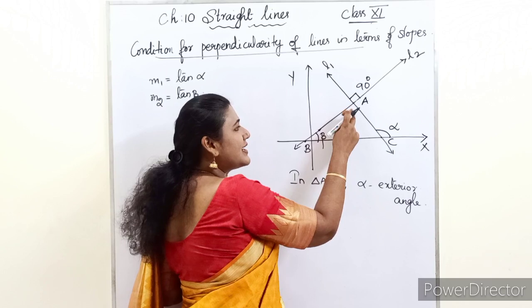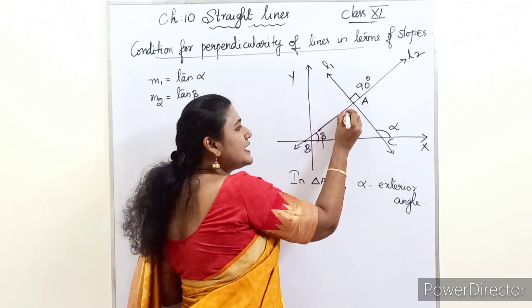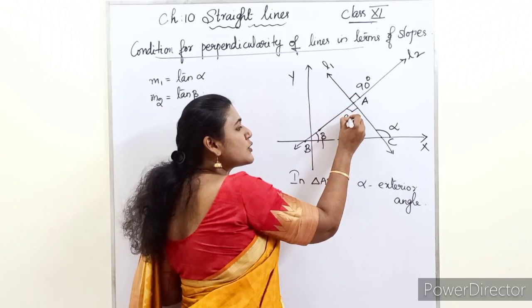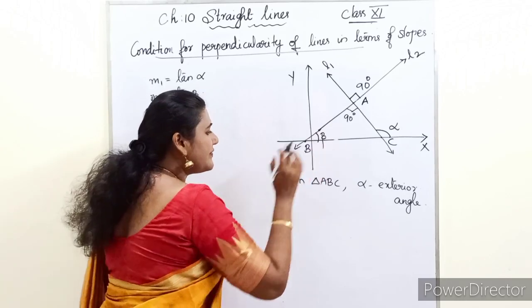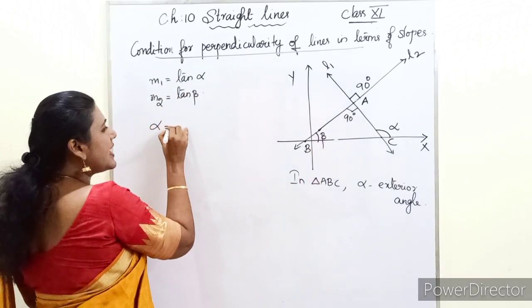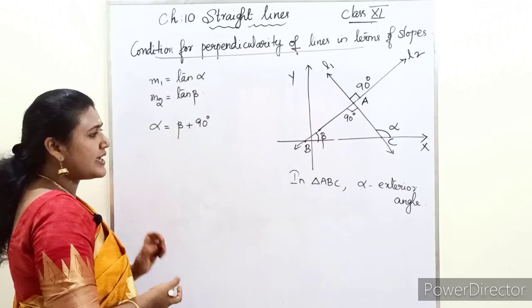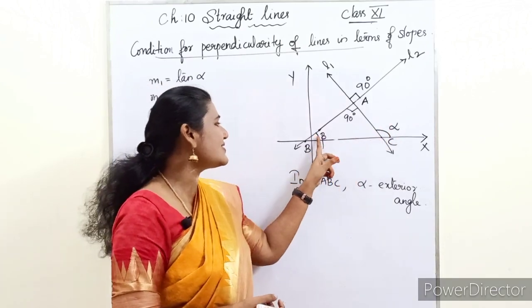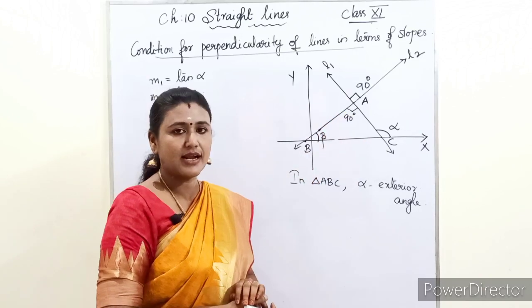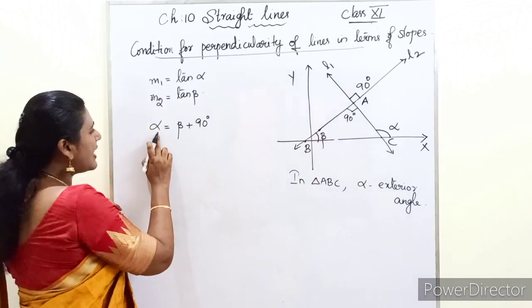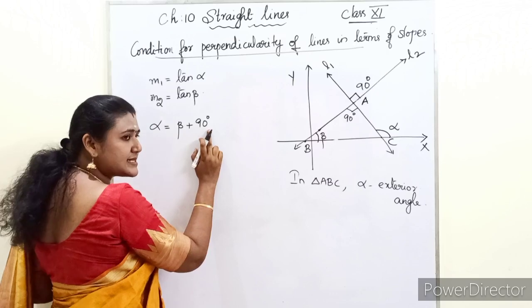So what about this angle? Since these two are vertically opposite angles, this angle is also 90 degrees. So we will get the equation alpha is equal to beta plus 90 degrees.